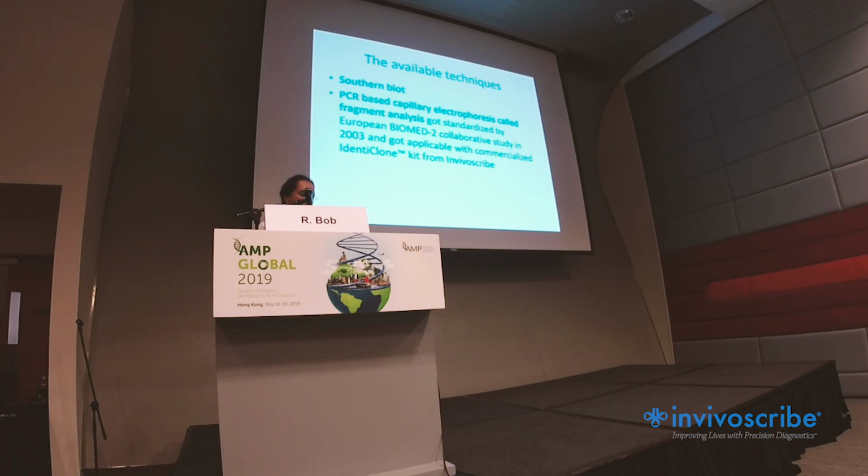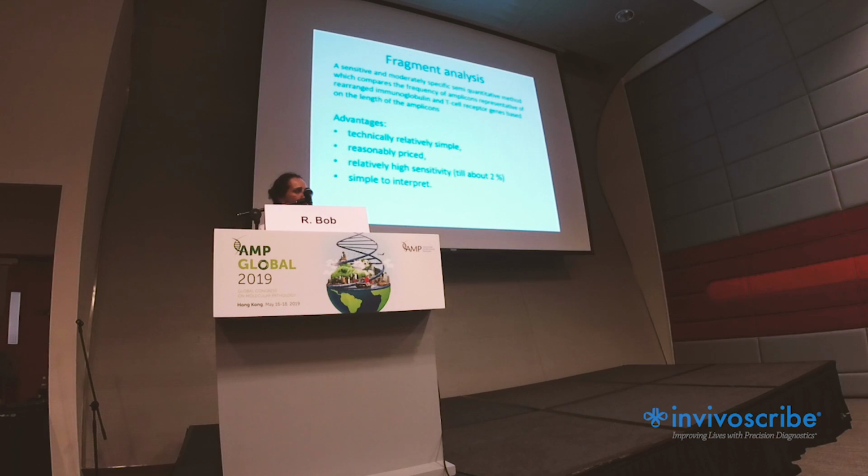It was applicable in routine diagnosis with the IdentiClone kit from Invivoscribe, which we used in our lab for daily diagnosis. The technique is semi-quantitative, and it compares the frequency of rearranged amplicons based on their base pair length.